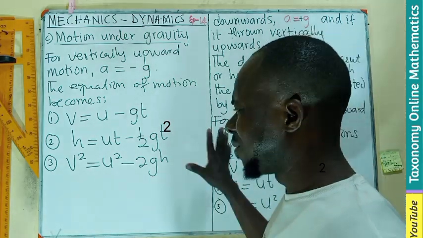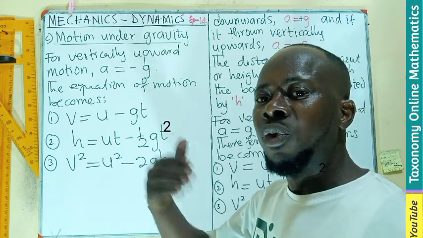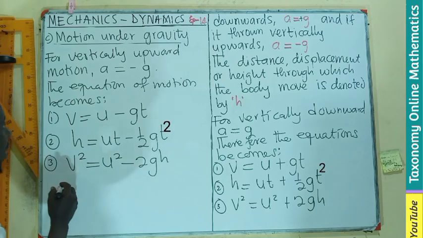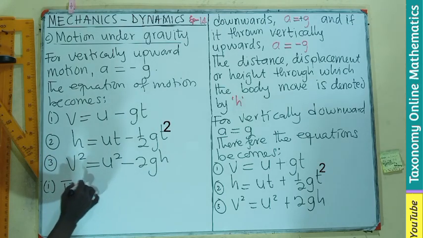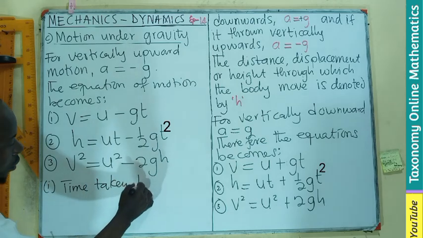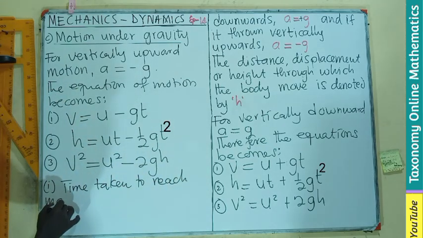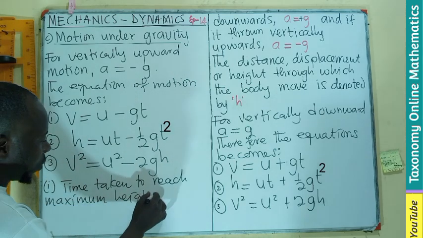Now, with this, we can also be asked to find the time taken to reach the maximum height. If, for example, I am asked to find, can I label this one?